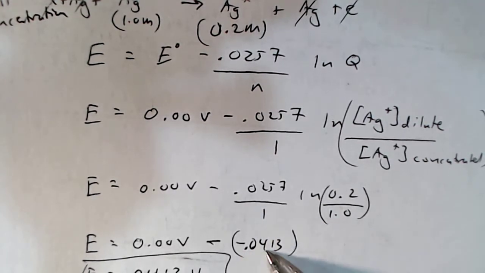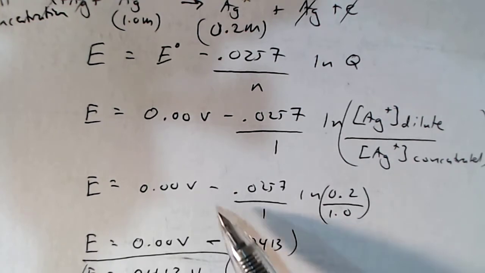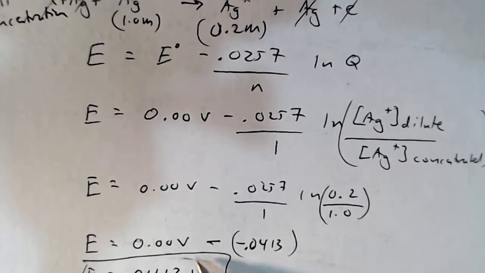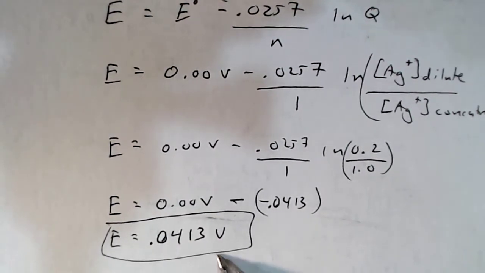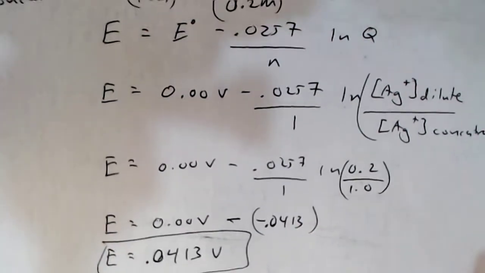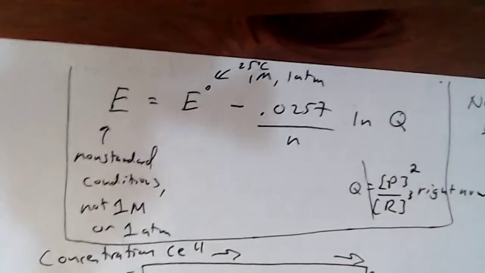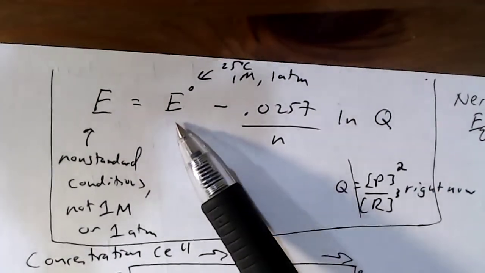And that's negative 0.0413 volts, but subtract that from 0.00, and you get that you can expect a 0.0413 voltage from this concentration cell.